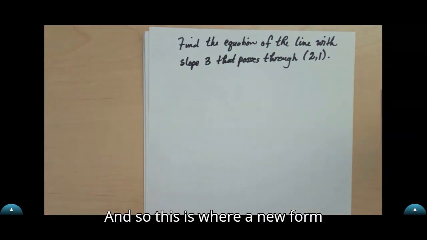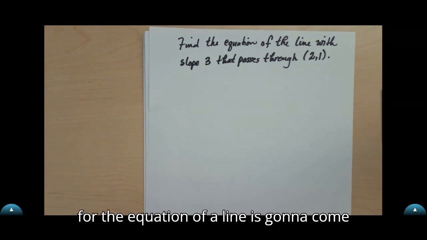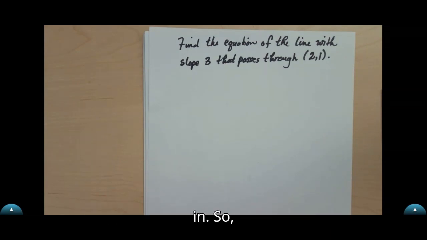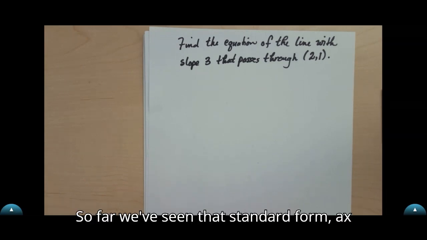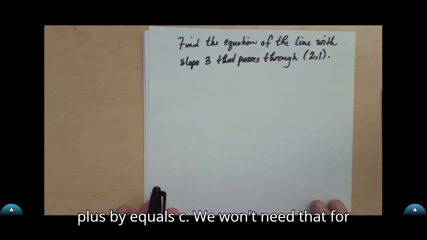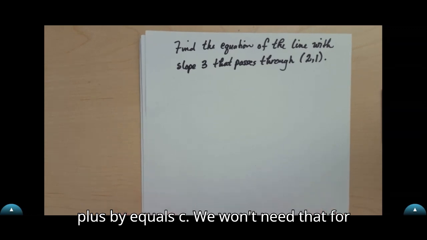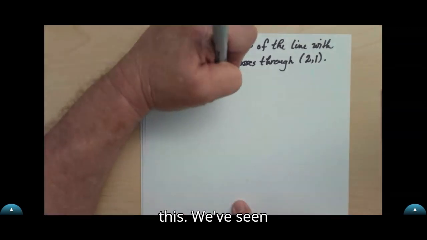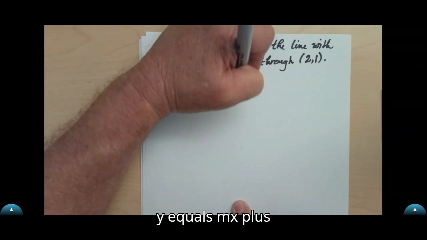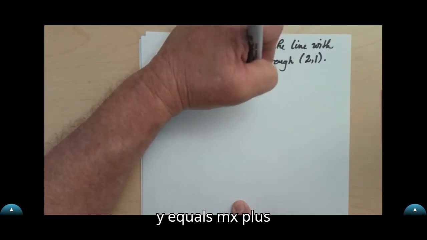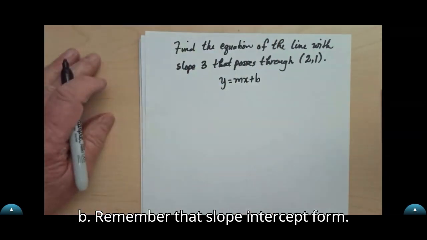And so this is where a new form for the equation of a line is going to come in. So far we've seen standard form, ax plus by equals c. We won't need that for this. We've seen y equals mx plus b. Remember, that's slope-intercept form.